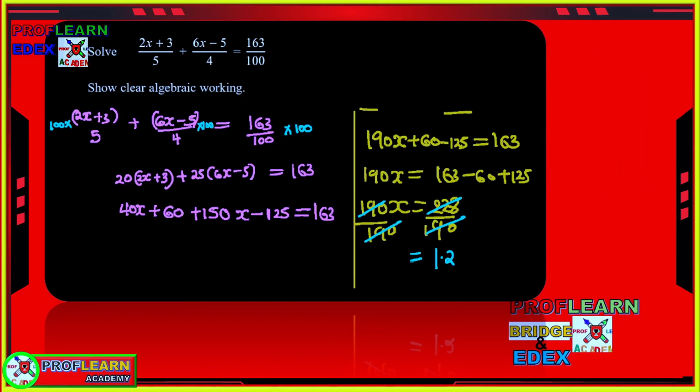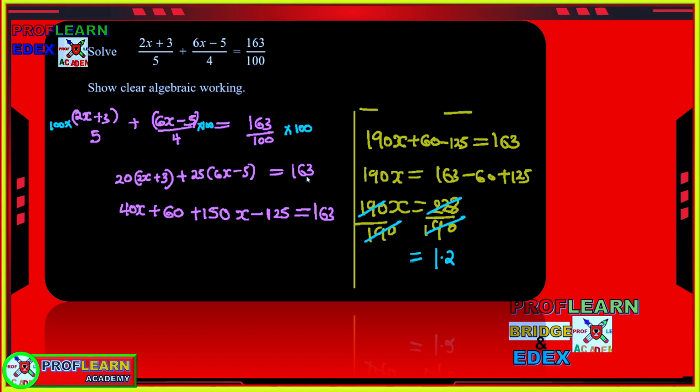To solve these fractional algebraic expressions, I needed you to multiply all through by the LCM of these numbers so that we can get rid of the fraction. And of course 100 multiplied here, 5 will go here 20 times, 4 will go to 125 times, and 100 will cancel out.